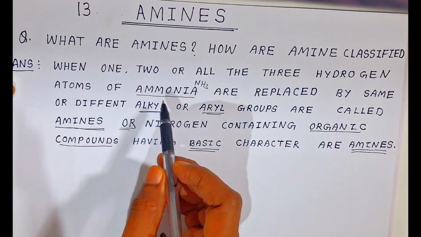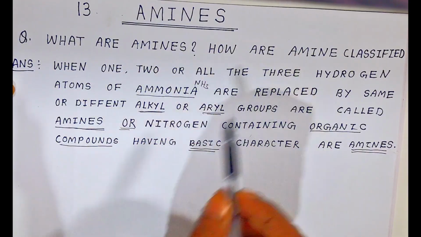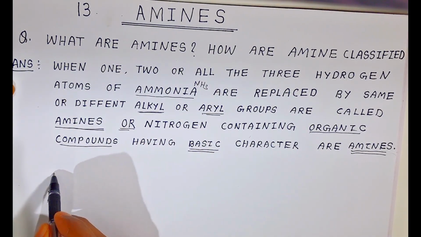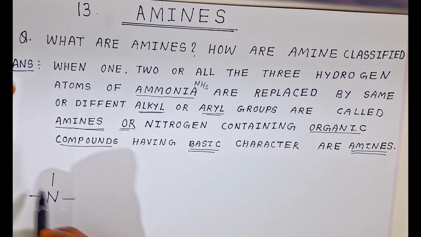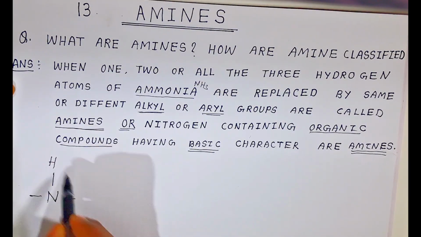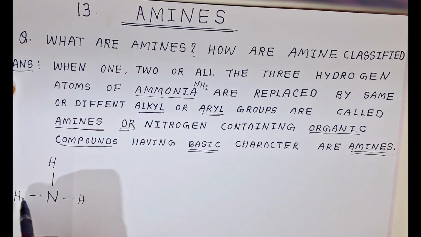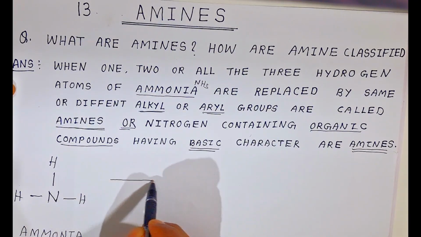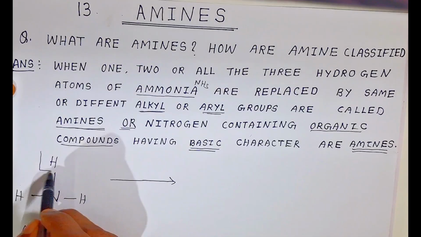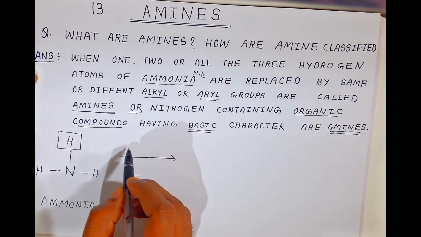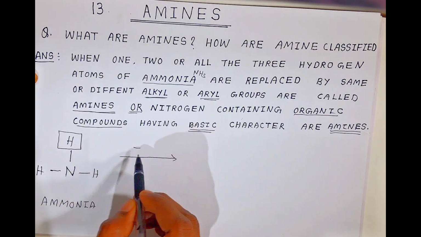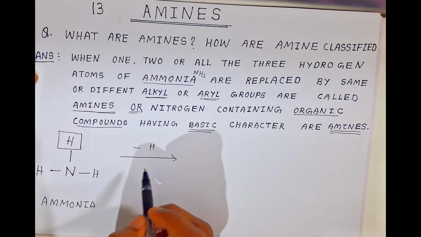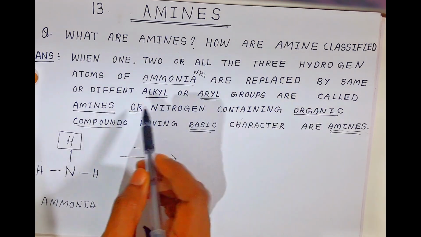Nitrogen has 3 valency. When all the valencies of nitrogen are satisfied by hydrogen, it is called ammonia. Now, according to the definition, when you replace one of the hydrogens of this ammonia, you remove this hydrogen, which I am representing with minus hydrogen, and you add one alkyl or aryl group.